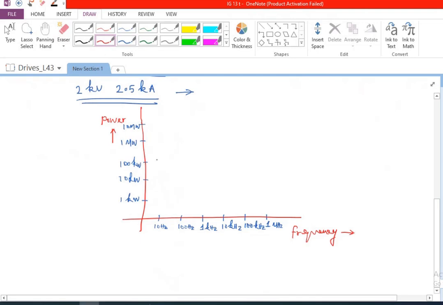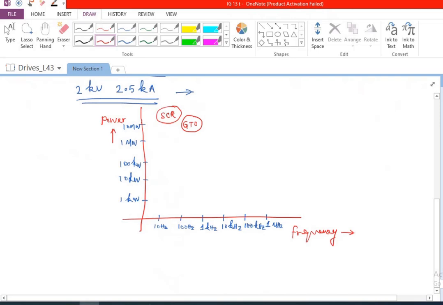So if you look at SCRs, SCRs are capable of operating only around 100 hertz or 50 hertz. So SCR can handle very easily a few tens of megawatts and only until about 50 hertz or 100 hertz. Whereas GTO can handle maybe until 10 megawatt, but they can easily go until, let us say, 1 kilohertz. So GTO I should show somewhere here.